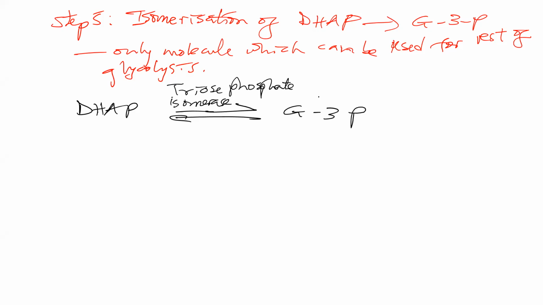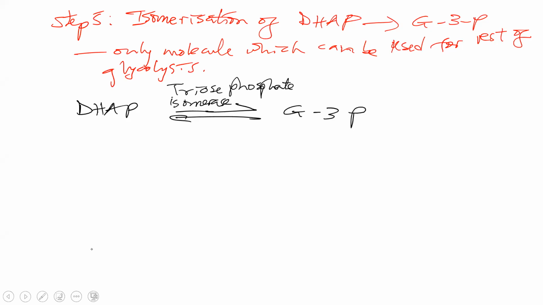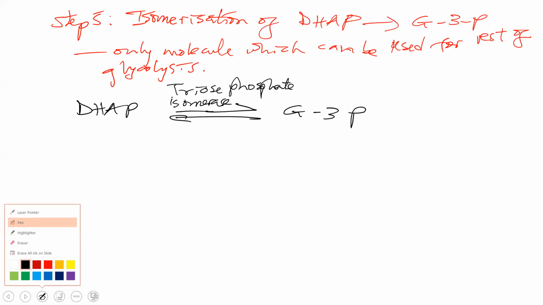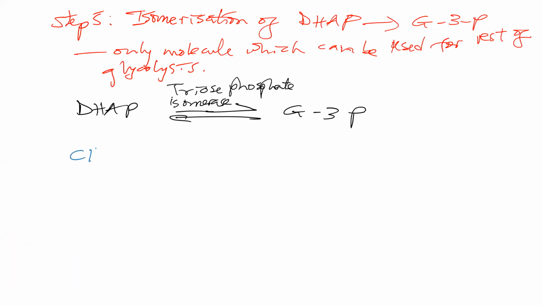So in this case, you have CH2OH. Dihydroxyacetone, by the way, has a ketone group, at carbon 2, that is a 3, that is a 2.